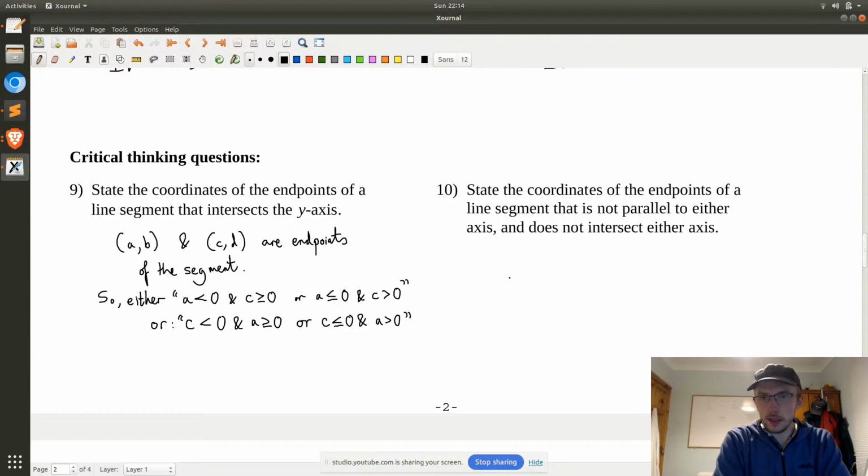State the coordinates of the endpoints of a line segment that is not parallel to either axis and does not intersect either axis. All right, so we're supposed to just give an example. Okay.